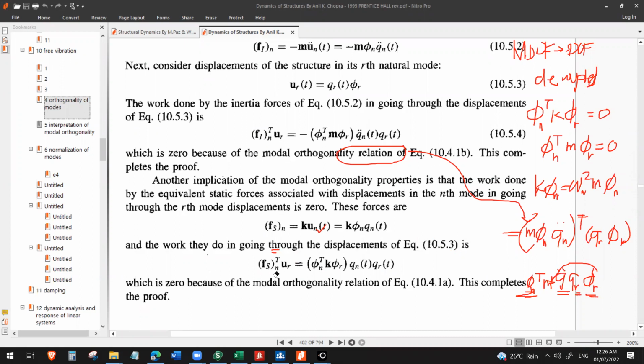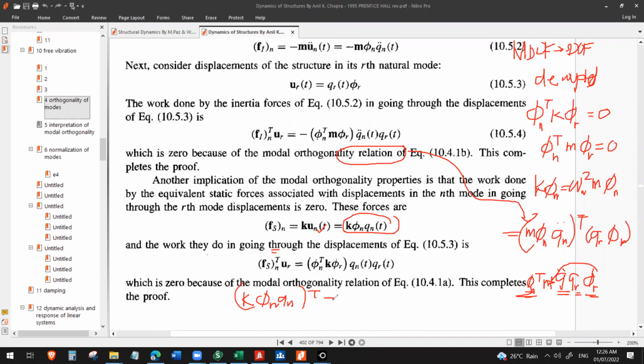Then again, the work of F sub s of the nth mode multiplied by the displacement at the rth mode, no? So Fs is this, no? K phi n Q sub n, tapos ita-transpose, right?